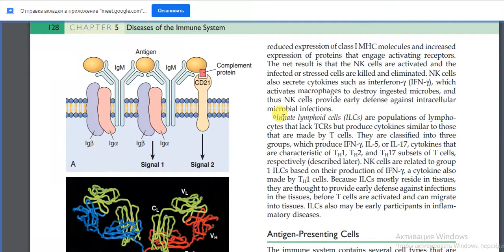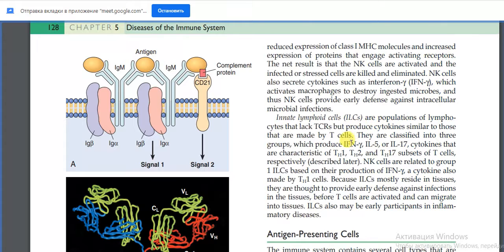And we have innate lymphoid cells. It's a very rare type of leukocytes. There are populations of lymphocytes that lack TCR but produce cytokines similar to those made by T cells. They produce cytokines after their activation, but without TCR.